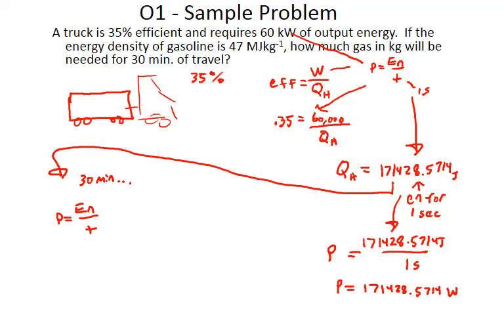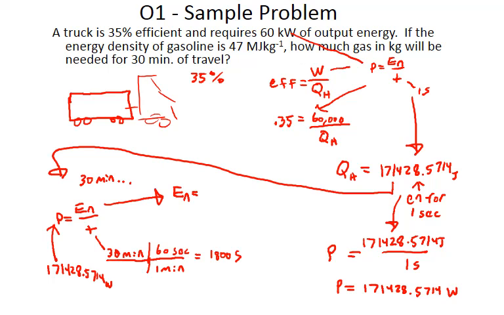That's the work that we need, but we're going to need a lot more in our heat source. In 30 minutes, we have 1,800 seconds. We know the power, and so we need to know how much energy that is, that many joules.